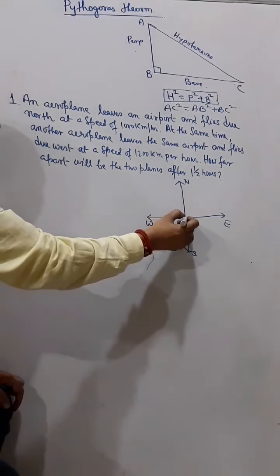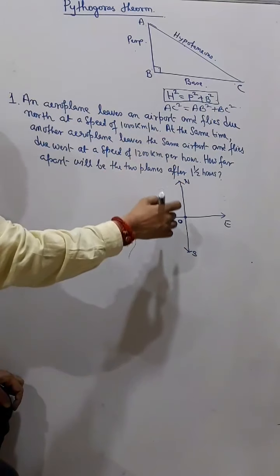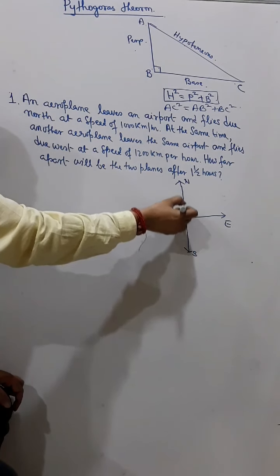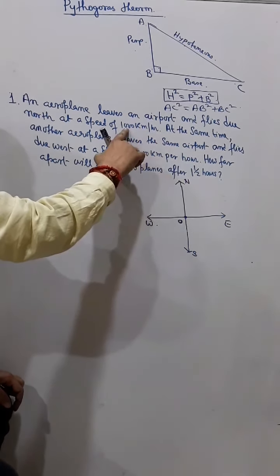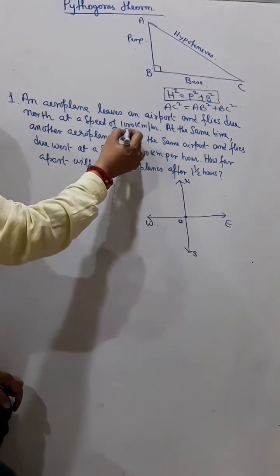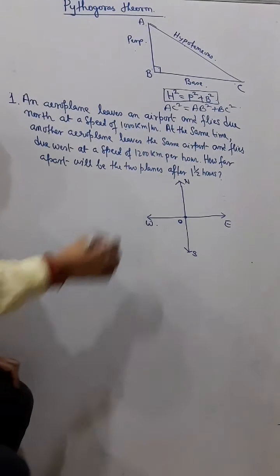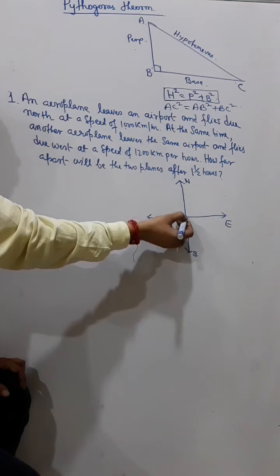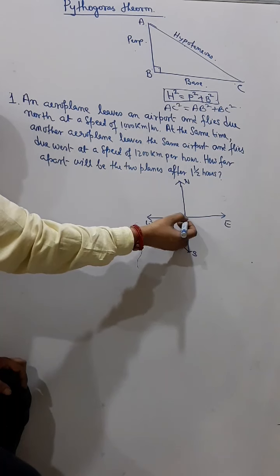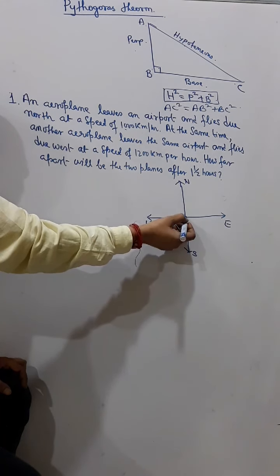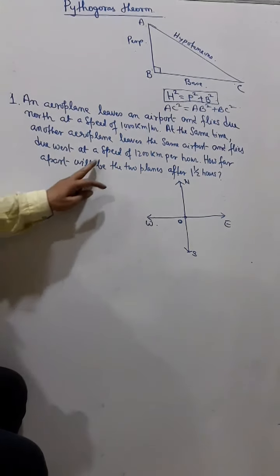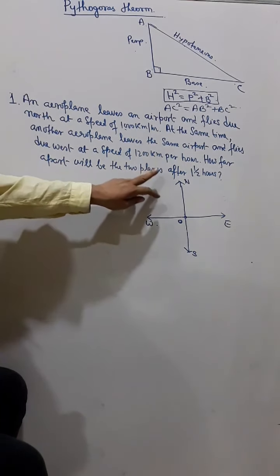From the airport, the first plane leaves and flies due north at a speed of 1000 km per hour. So it is traveling from O in this direction, north, and the other plane flies due west, so from here it flies towards the west, this side. Now you have to find how far apart the two planes will be after 1.5 hours.